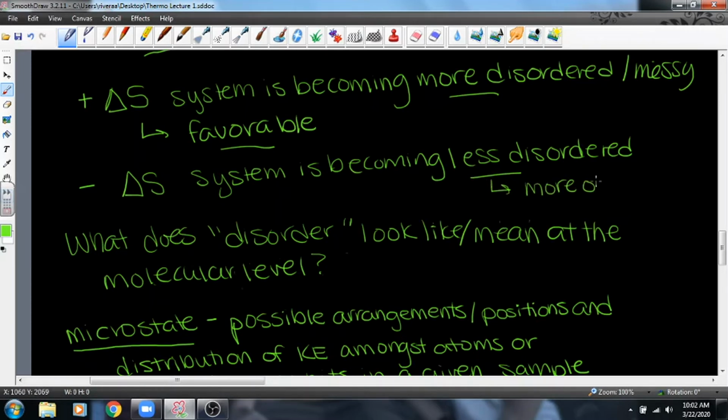I don't know, it just makes more sense in my head. Ordered. There we go. And this is not favorable. Now, again, a reaction can be spontaneous even if it's becoming more ordered, and we'll talk about that relationship with entropy and enthalpy later. So it's not favorable, or less favorable, we should say.